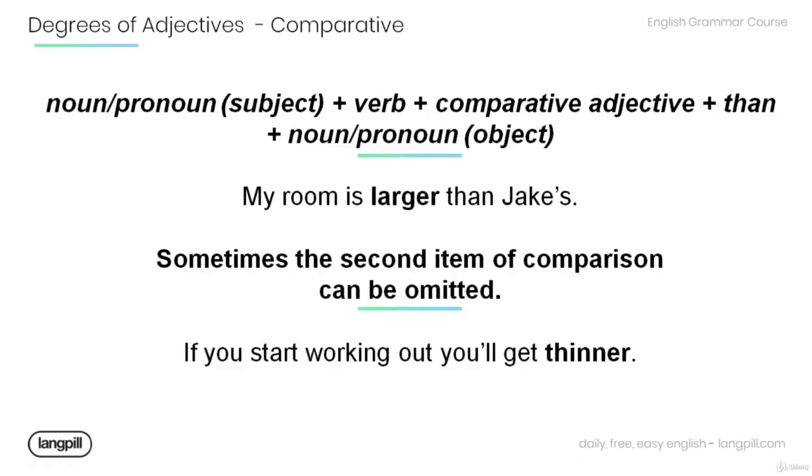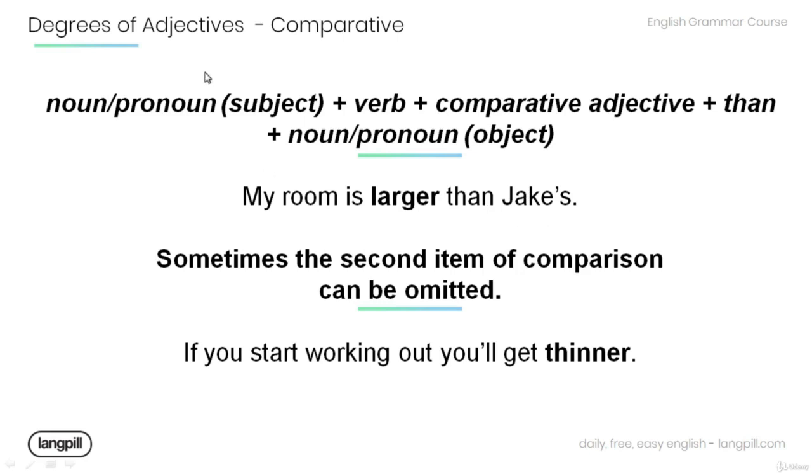Now, to form a comparative sentence, we use the following formula. Noun or pronoun as the subject, plus verb, plus a comparative adjective, plus than, plus noun or pronoun as the object of the sentence. Have a look at the example below. My room is larger than Jake's.